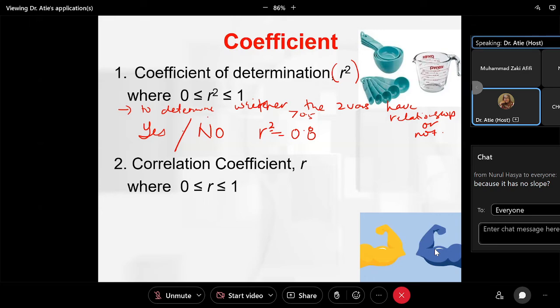The second is the correlation coefficient, which we represent by the letter R. The value should be from -1 to 1. The purpose of the correlation coefficient is to determine the strength of the relationship.